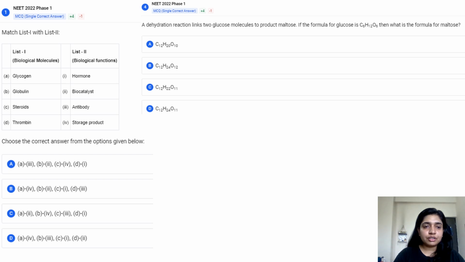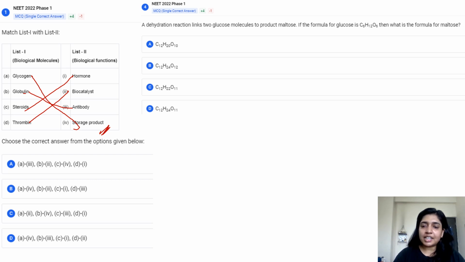So, alright, let's start with this. So, glycogen is what? Glycogen is a storage product. Steroids are hormones. Thrombin is a biocatalyst. And globulin is your antibody. So, this was pretty easy, right? Because glucose is stored in animal body in the form of glycogen. Hence, it is a storage product.